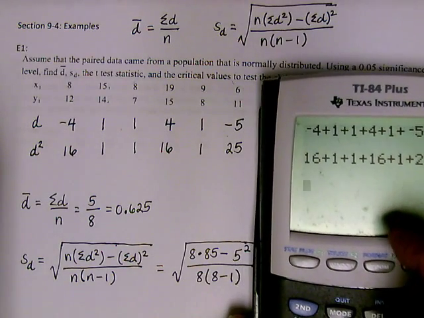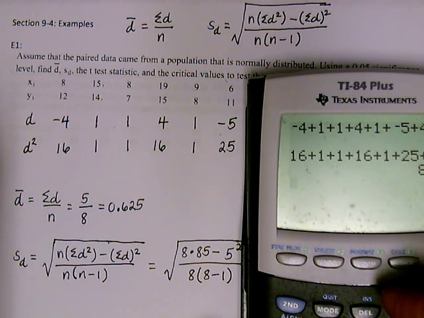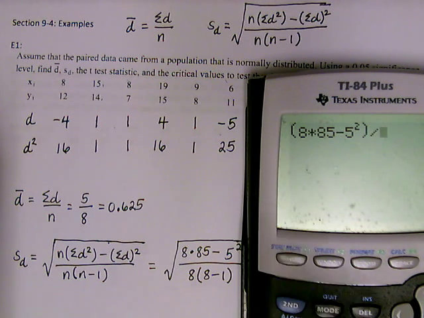So in this case, let me clear this out. That numerator is going to be in parentheses. So I'm going to use my left parentheses key, then type in 8 times 85 minus 5, and then hit the x squared button to square the 5, and then close the parentheses. And then that's going to be divided by, now the denominator, I can do this mentally.